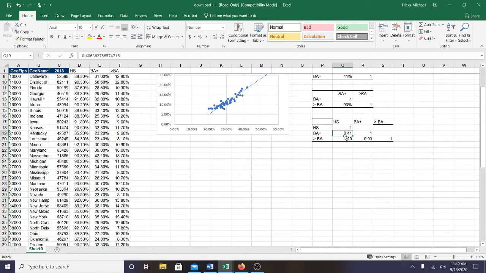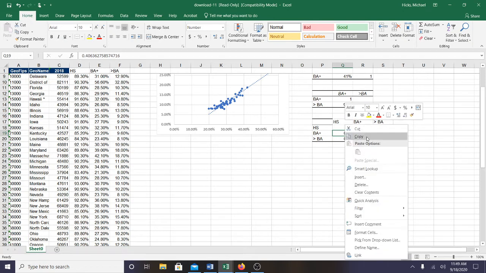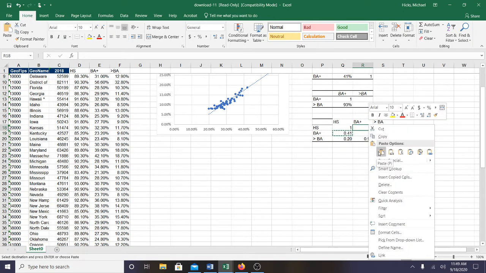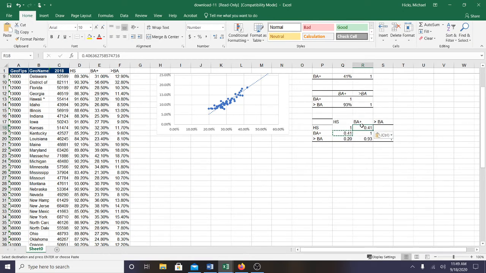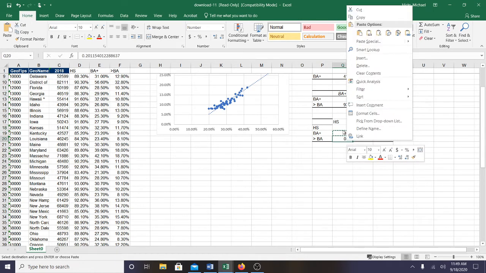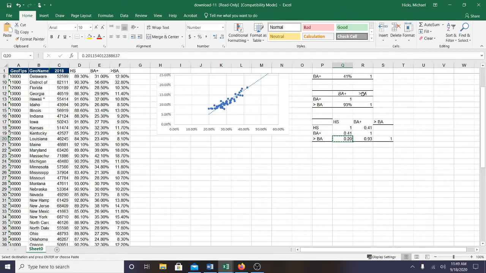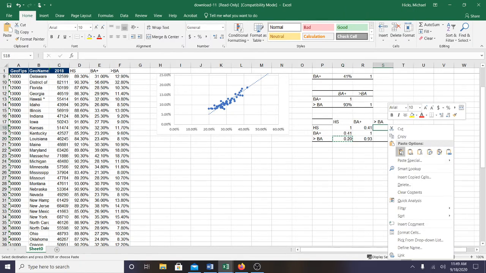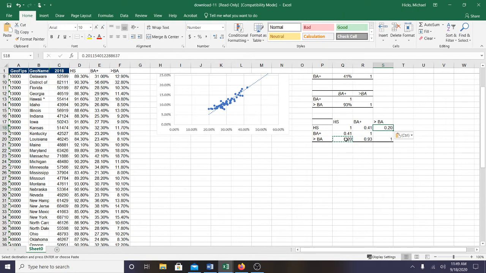And by the way, we could just do the same thing and stick that there, because that value is the same as that value, high school. The bachelor's degree at a high school has even less explanatory value to us. It explains only 20% of the variation between the two.